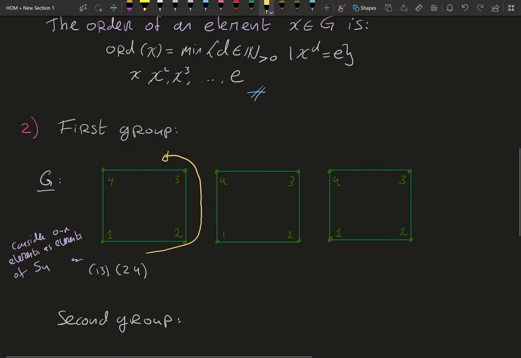Similarly, I can reflect my square in this axis, and then I see that 1 goes to 2 over here, and 4 over here goes to 3 over here. So we have our element, in a different color, (1 2)(3 4). And now the last one, I take this one, and then I map 1 to 4 and 2 to 3.